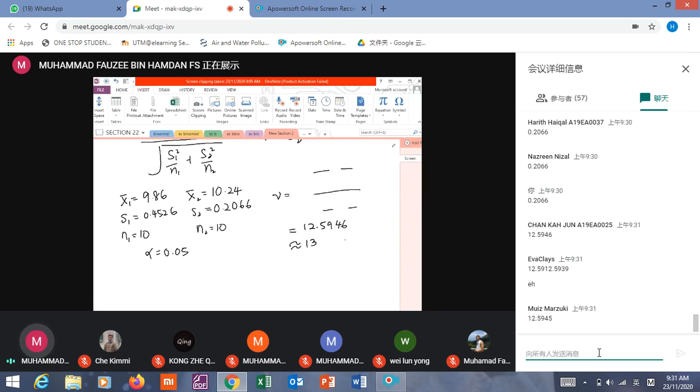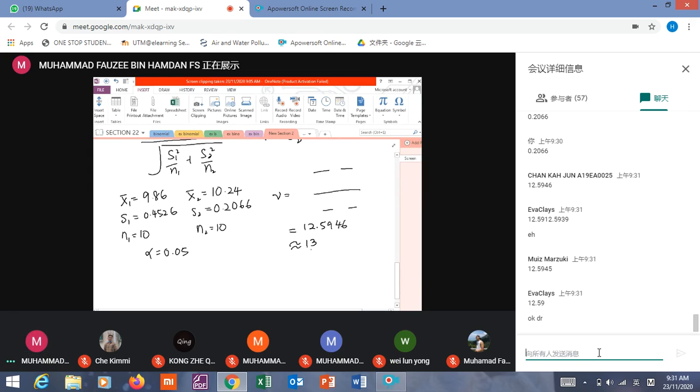Okay, so the degree of freedom is 13. You need to round to the closest integer. So let's say this is 12.59, and another friend gets 12. Either you take 12 or 13, I accept.